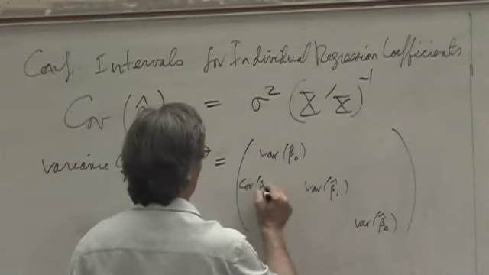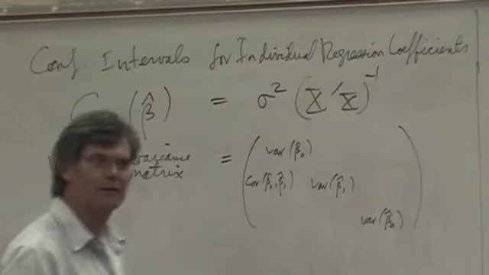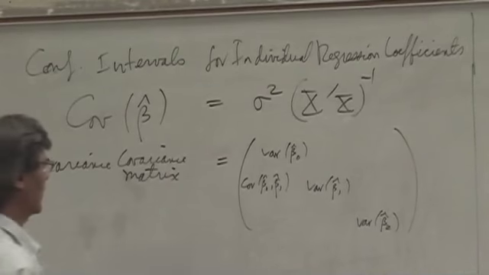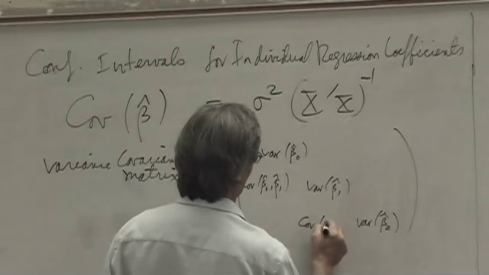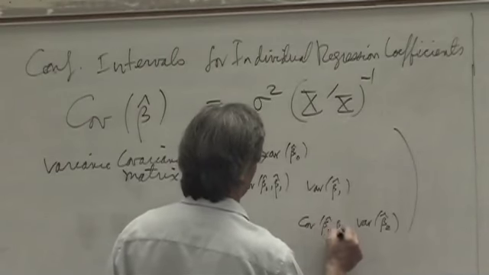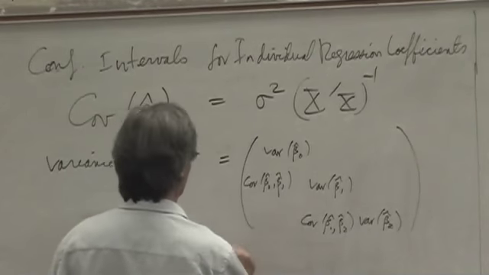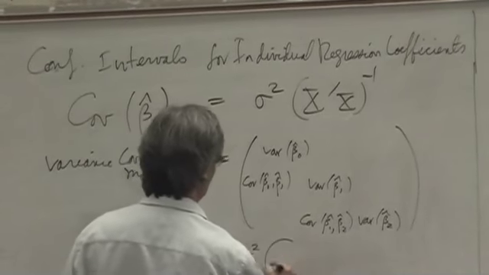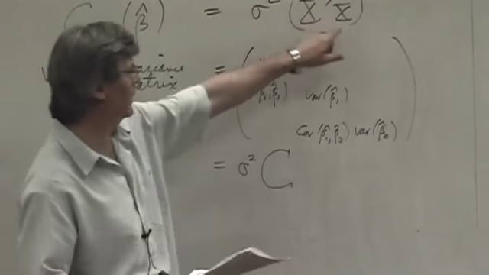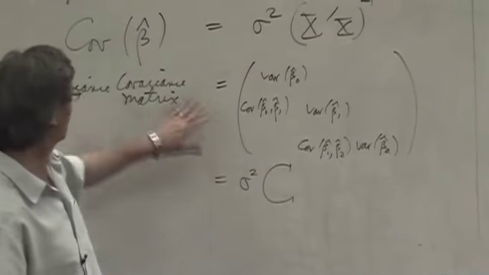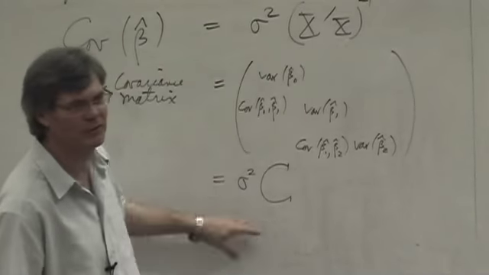Covariance between beta 0 hat and beta 1 hat, etc. Off diagonal covariances. Covariance between beta 1 hat and beta 2 hat over here. That's what it is. And then we also write this as sigma squared times C, where the elements of C are the elements of the X prime X inverse matrix. So this covariance matrix is written as sigma squared times C.